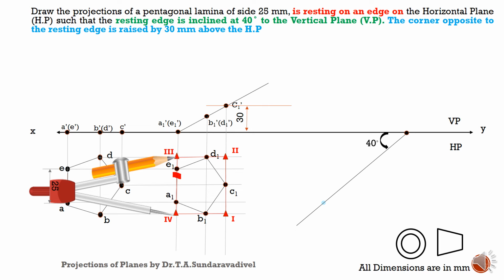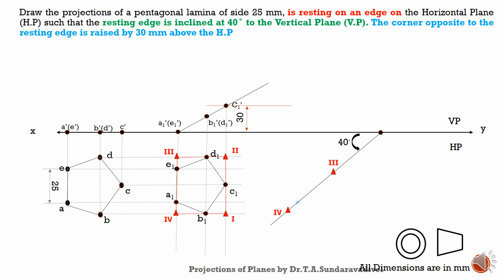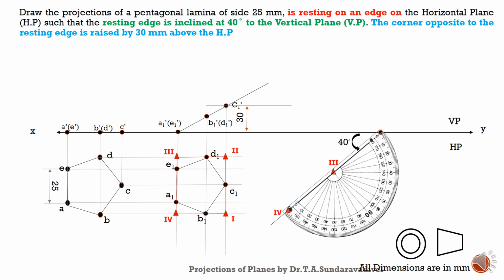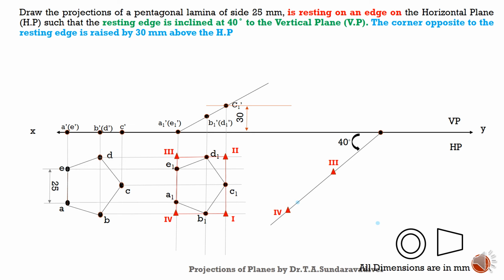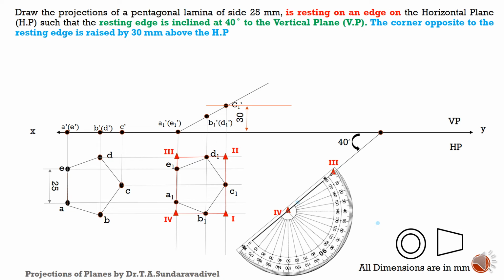See, my intention is to make this line for 40 degrees. So what I am doing here is making this 3-4 line for this 40 degrees. So automatically this A1 E1 will come for 40 degrees. Take a point arbitrarily and name that as 3. Then take the measurement of 3, 4, cut an arc. You will get the points 3 and 4. Then keep the protractor at 3 and 4 and draw perpendicular lines.